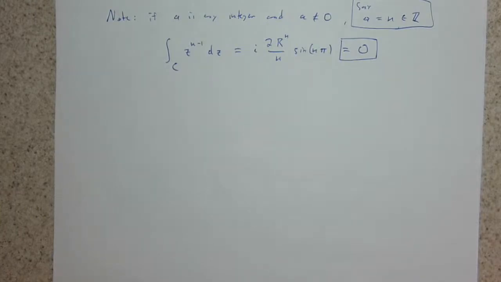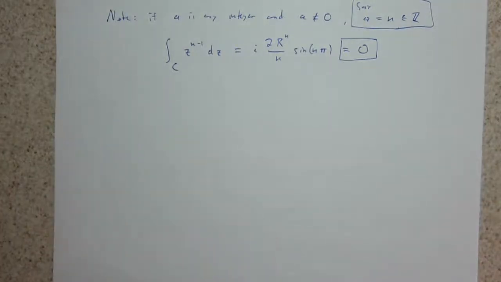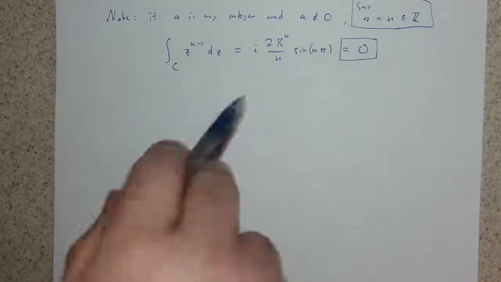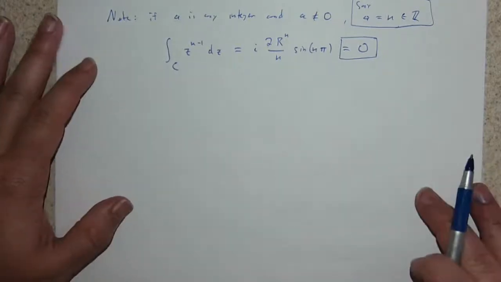This was still the case. So just to repeat, it didn't matter what the radius of our circle was. This contour integral of this function z to the n minus 1 is still 0.